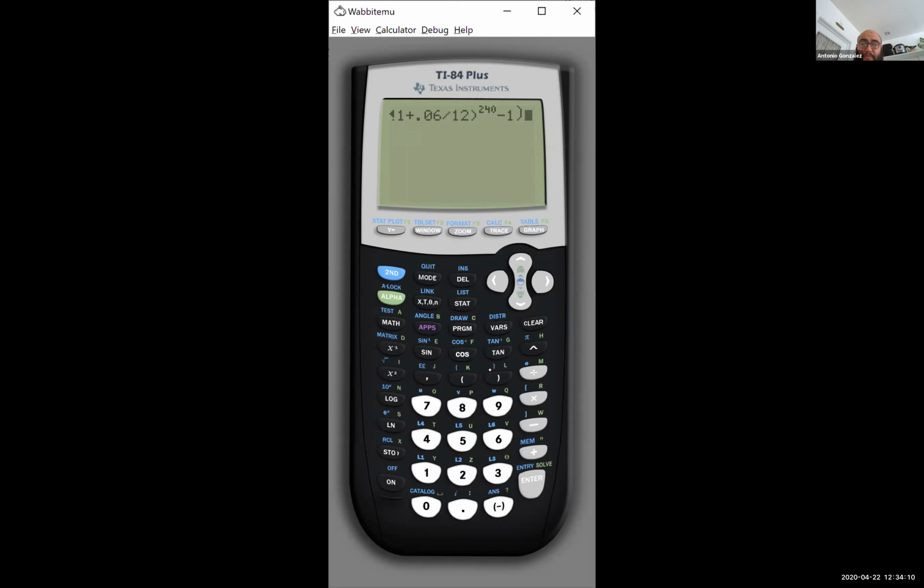So far so good, and then hit divide. To make sure this works out properly, I'm going to open up another set of parentheses and put 0.06 divided by 12, because I want to do that quantity first before I do the overall division. All right, and now we're good to go.